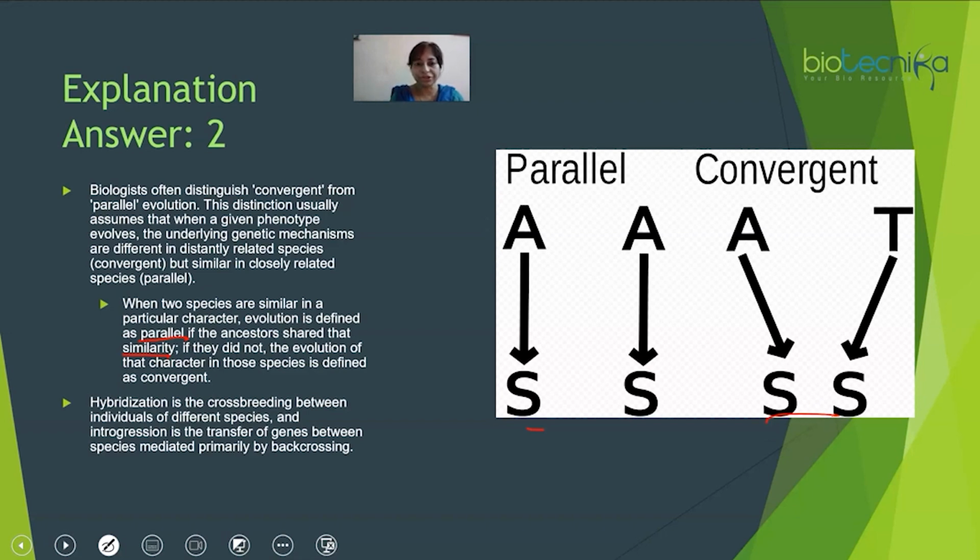So it is converging. And hybridization is the crossbreeding of individuals between different species, and introgression is the transfer of genes between species mediated by backcrossing.